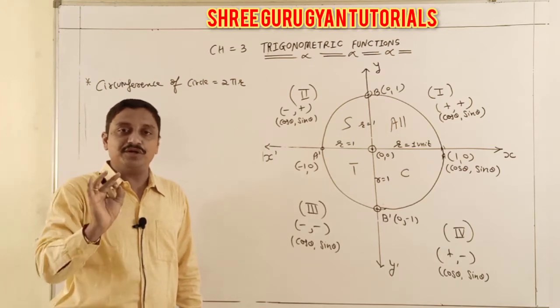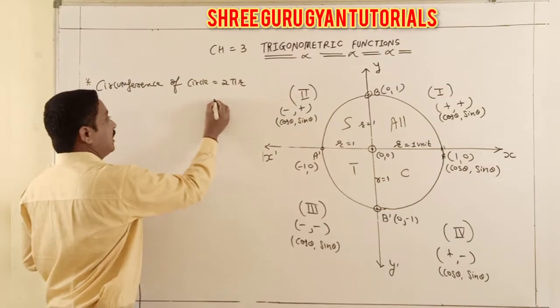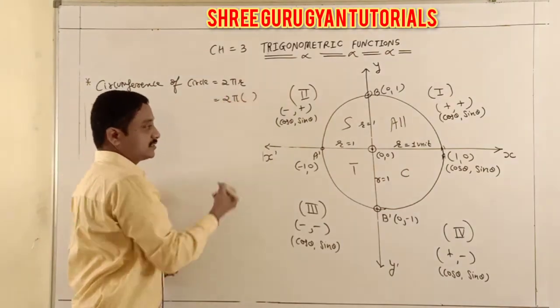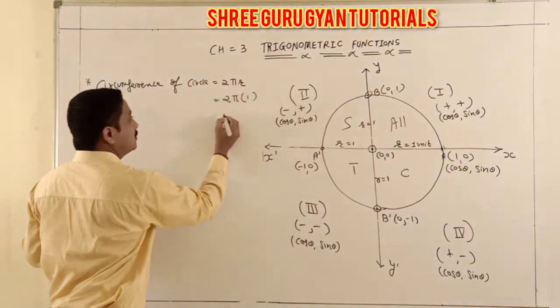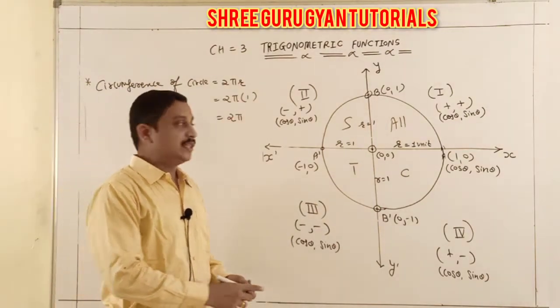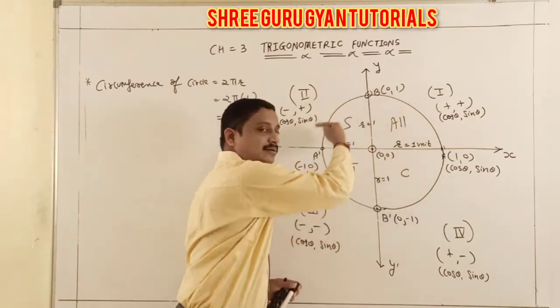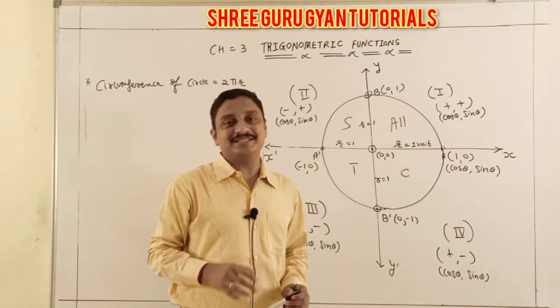First of all, the introduction: the circumference of a circle is 2 pi r, and I take radius 1 unit. So our circumference of the circle is 2 pi. You know how many degrees are covered in one rotation of a circle? Yes, it is 360 degrees.